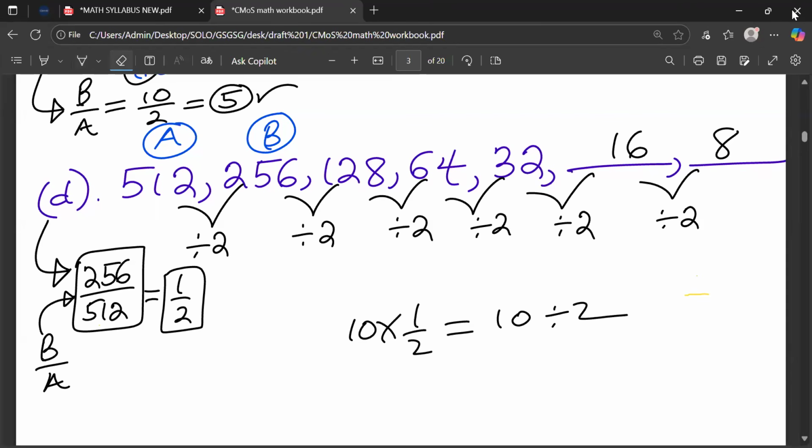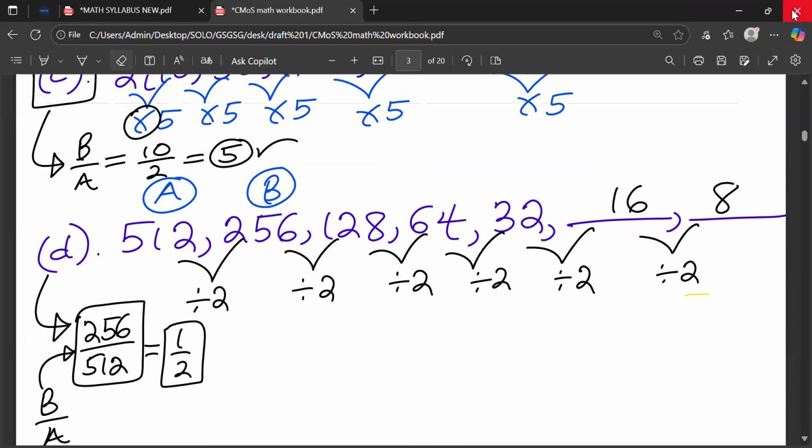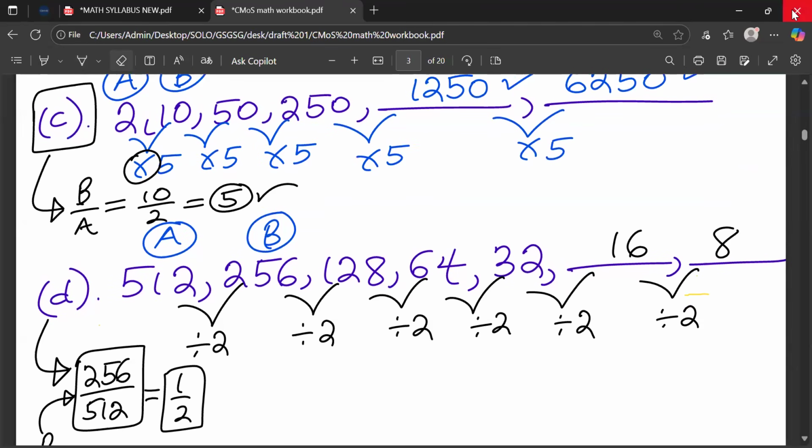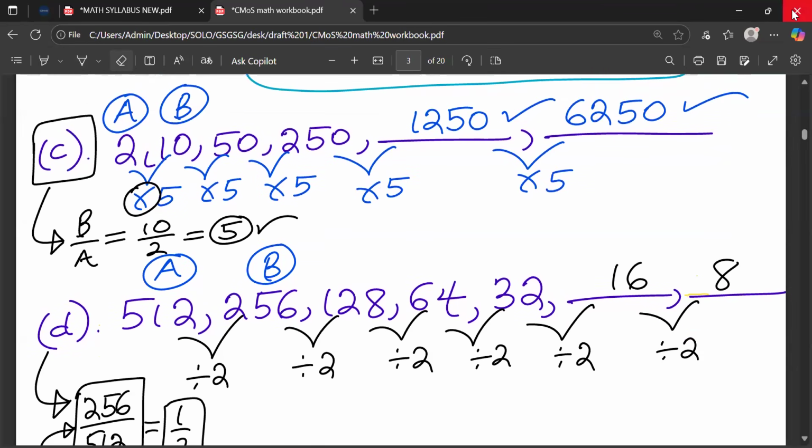So in the first 2 cases, we are strictly dealing with subtraction and addition. But for C and D, I'm dealing with multiplication and division. But still, there is a very common order. And that's the order we are going to be following.